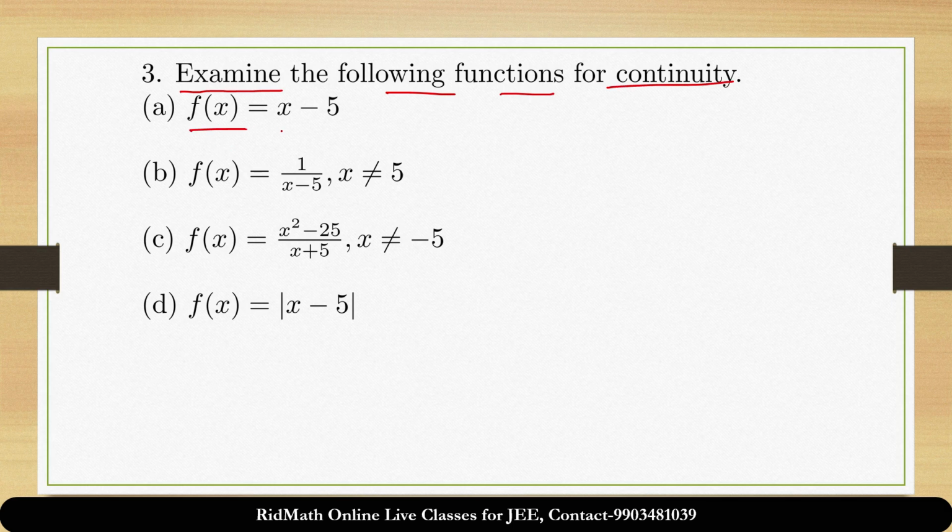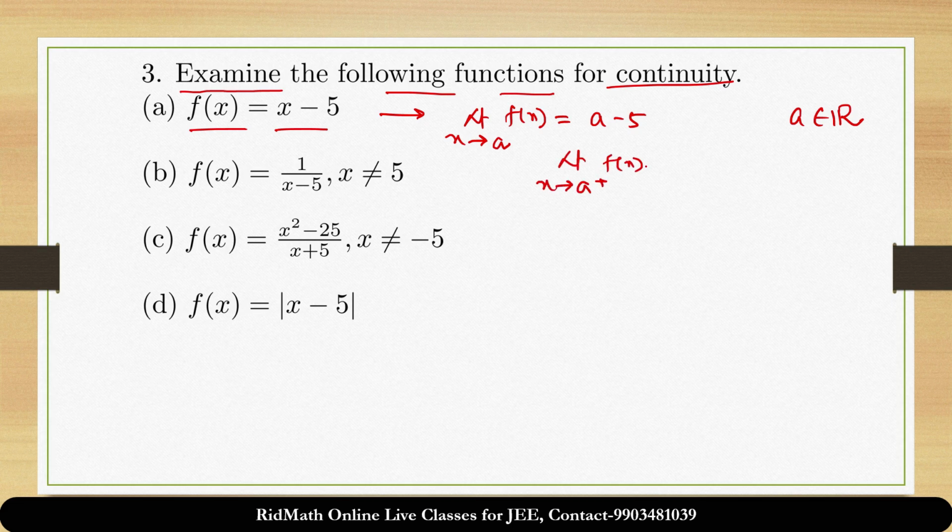So f(x) equal to x − 5. So for this, limit x tends to a, where a is any real number, a belongs to R. So f(x) is equal to a − 5, and also limit x tends to a plus f(x) is also a − 5, equal to limit x tends to a minus f(x), this is also a − 5, and f(a) also a − 5.